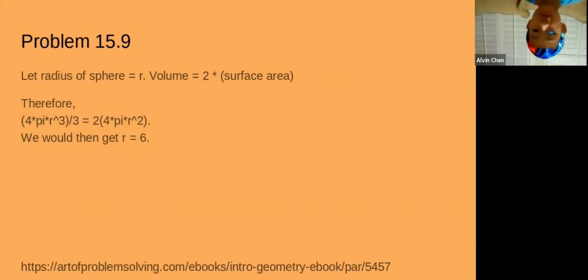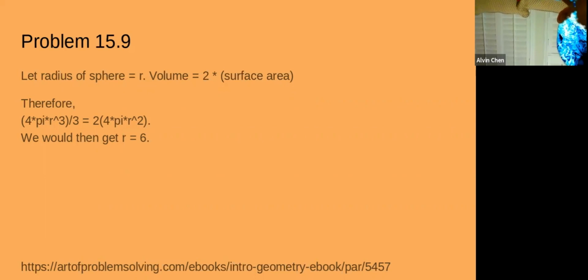And because the volume equals 2 times its surface area, I wrote an equation: 2 times 4 pi r squared equals 4 pi r cubed over 3.